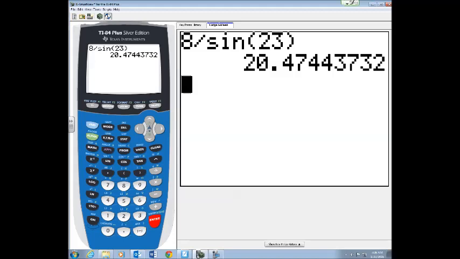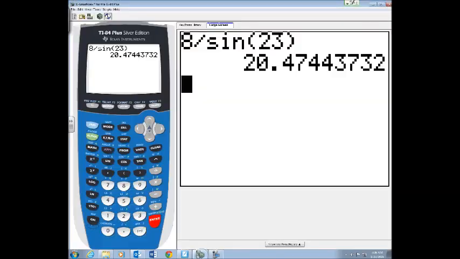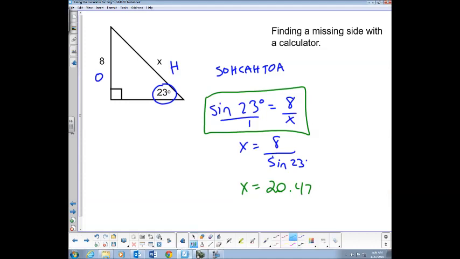And remember that in geometry, we're only going to take the first 4 decimal places. So 20.4744 is our answer. So x is equal to 20.4744. All right. And so that's how we work trig for this first problem.